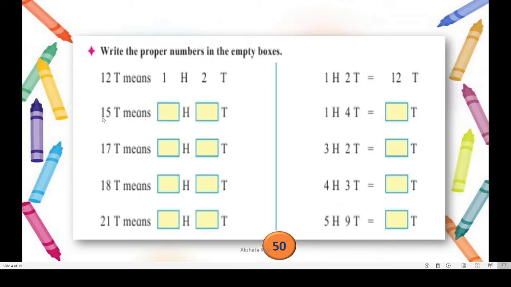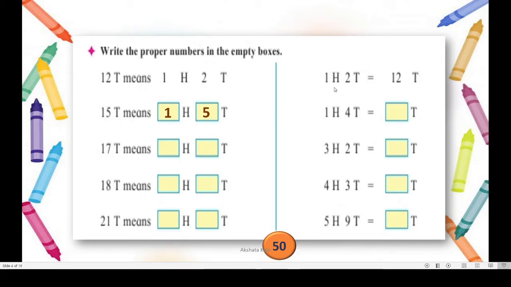Like that only we will write for 15 tens. 15 tens means how much? How many hundreds and how many tens? Yes, you are right, 1 hundred 5 tens, because it is 15. Now, the rest all you have to do, because it is very easy.